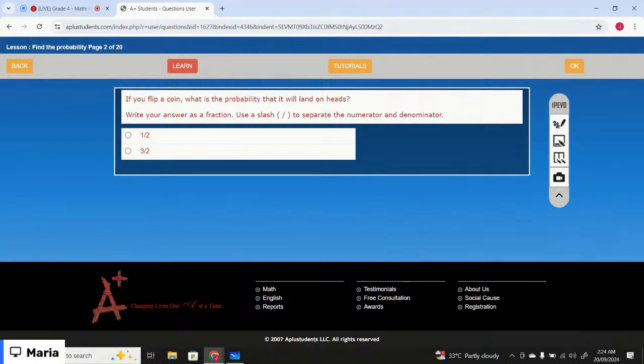If you flip a coin, what is the probability that it will land on heads? Which is the correct option?